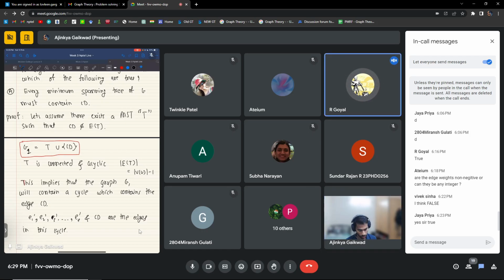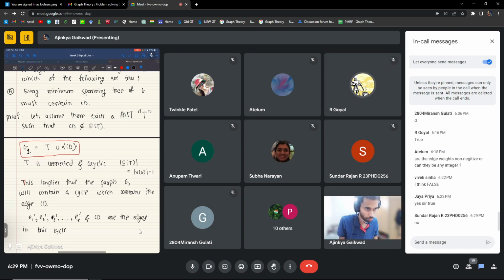Can you repeat this question? Okay, let me go back and explain the entire argument. I have to prove that no matter what minimum spanning tree you have been given, CD will always be there. So I am trying to show that statement A is true. I'm proving it by contradiction.